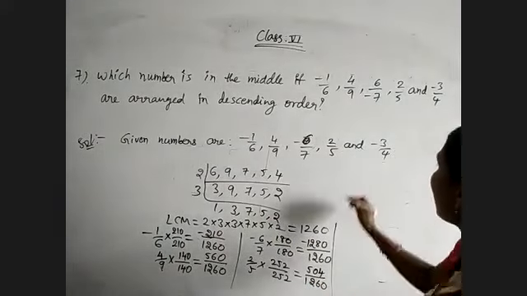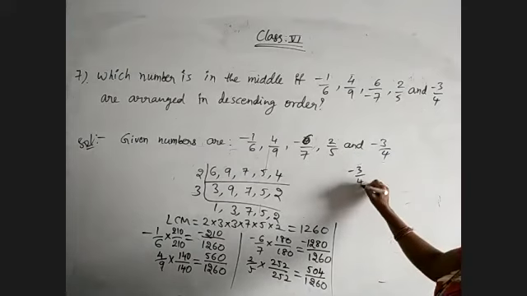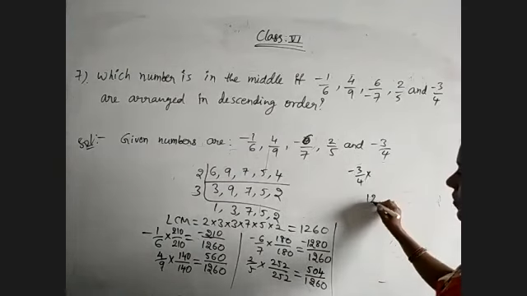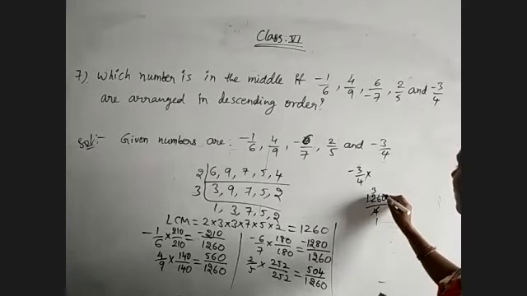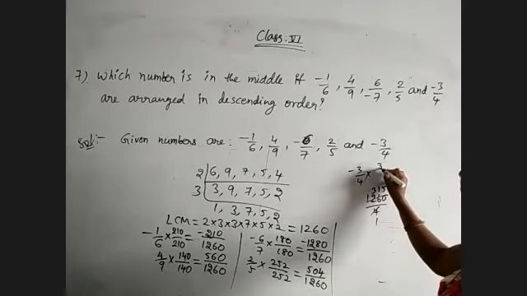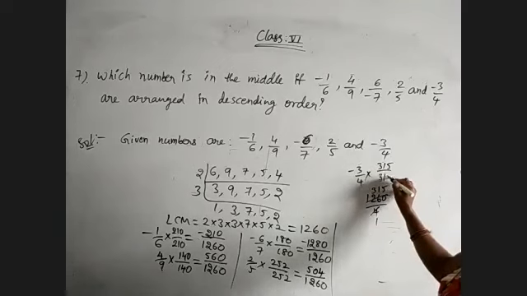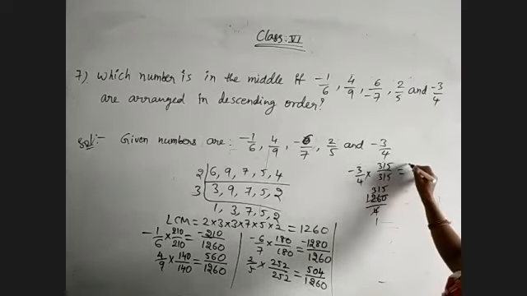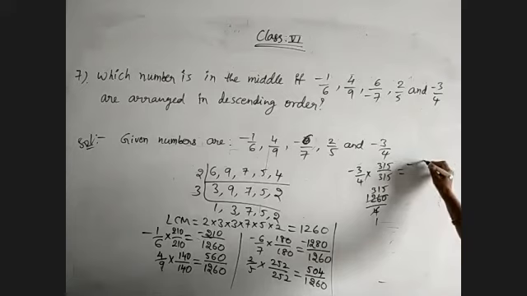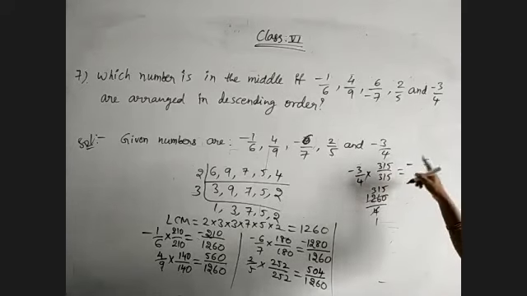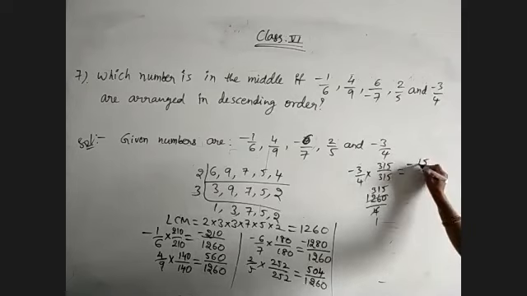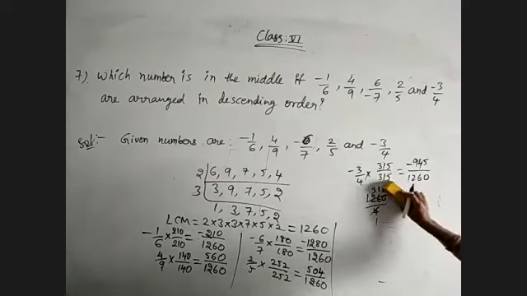After this, we have minus 3 by 4: divide 1260 by 4, and we get 315 by 315. 3 times 315 is 945, with the minus sign, so minus 945 by 1260. That's it.